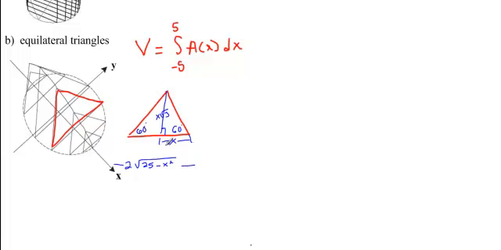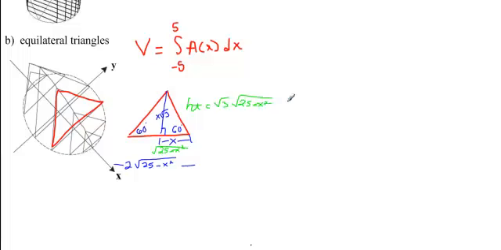Well, then that means that x is half of that, so the square root of 25 minus x squared would be the distance of x. That's going to make the height then the square root of 3 times half the base, the square root of 25 minus x squared.